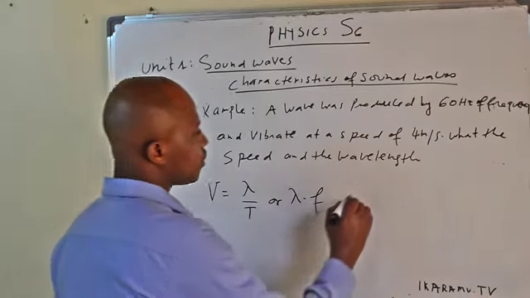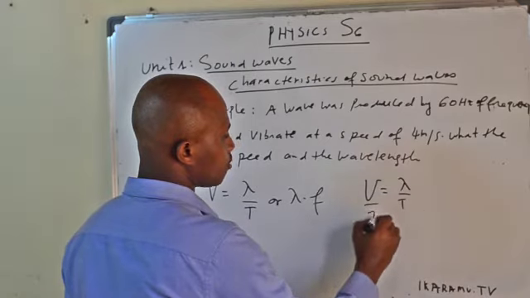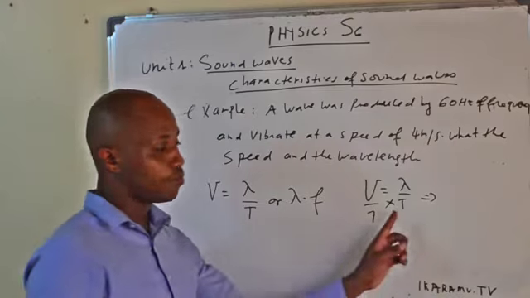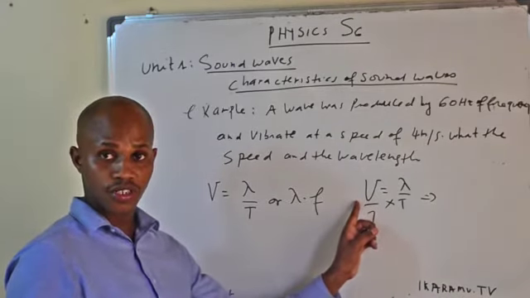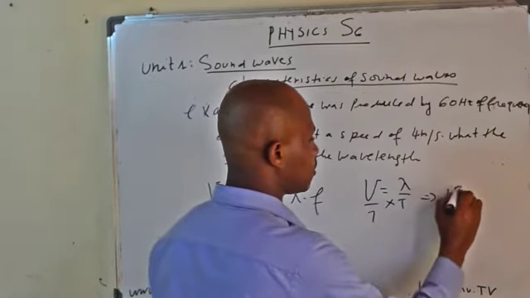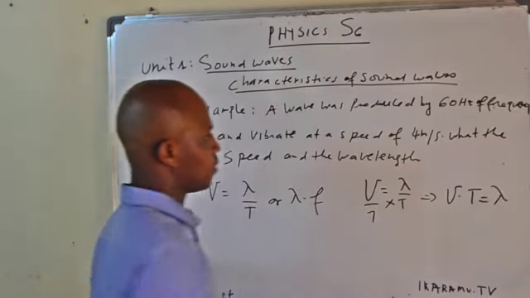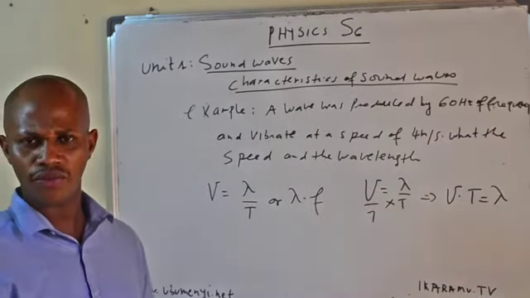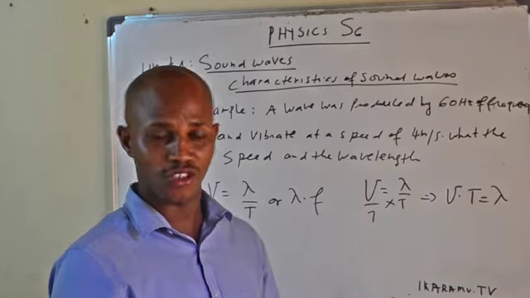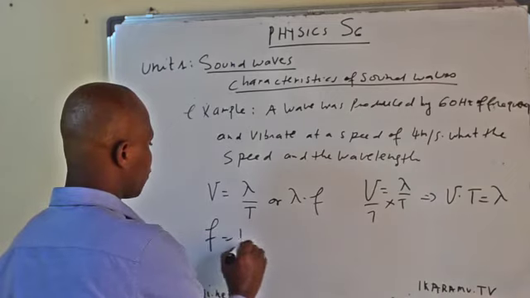When you do cross multiplication on wavelength over period, this shows us that the period times the speed is equal to the wavelength. Very interesting. Speed times period is equal to the wavelength. So far, we don't have the period, but we have the frequency. Don't you remember that frequency is equal to 1 over period?